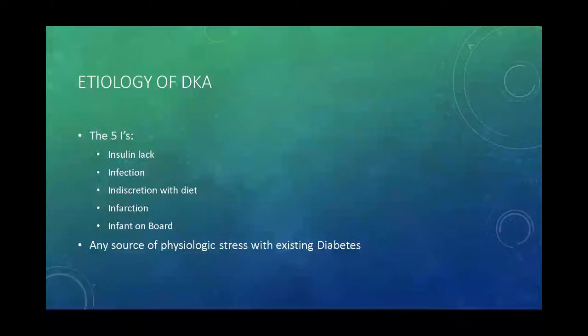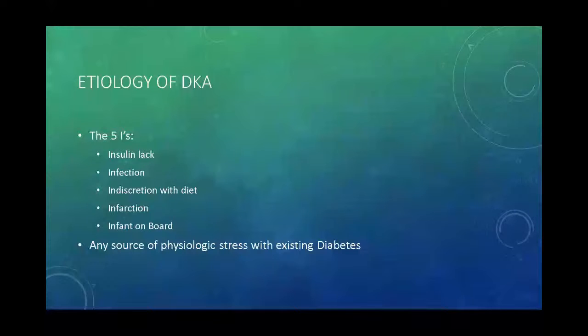So some of the common etiologies for DKA, tried to keep it fairly simple, but it's the 5 I's. Insulin lack. Obviously, if you don't have any insulin, like we've been talking about, blood glucose goes elevated. There's no energy for the cells, so they start forming alternative methods to produce energy. Any source of infection, any source of infarction, or pregnancy even, all cause a sympathetic response and essentially increase epinephrine levels and cortisol within the bloodstream, which all lead to hyperglycemia.